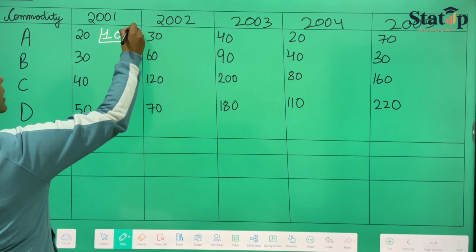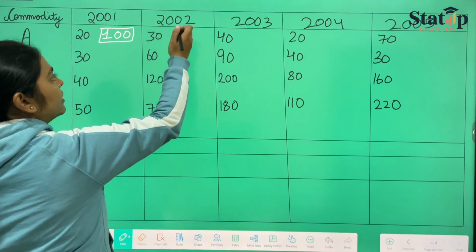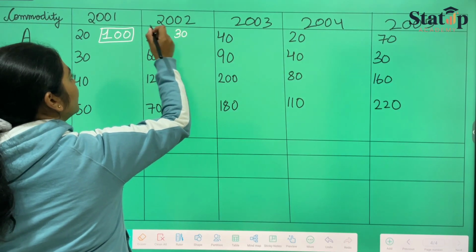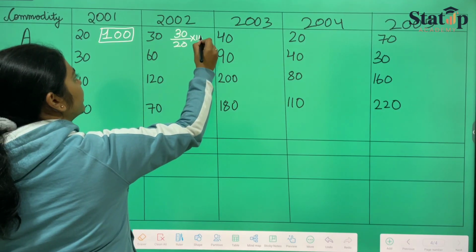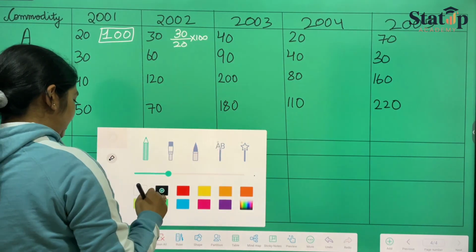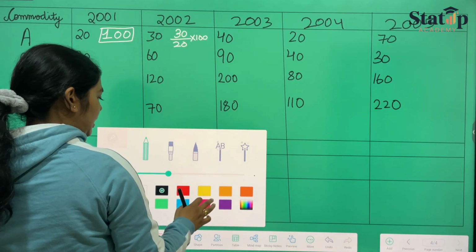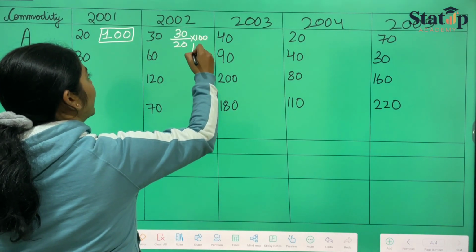Now current value is 30, previous value is 20, into 100, which will give us 150.